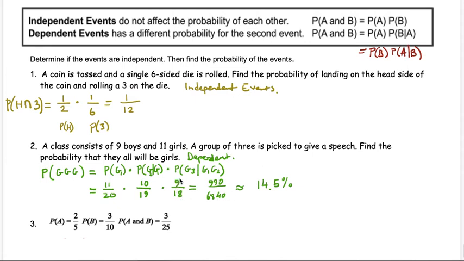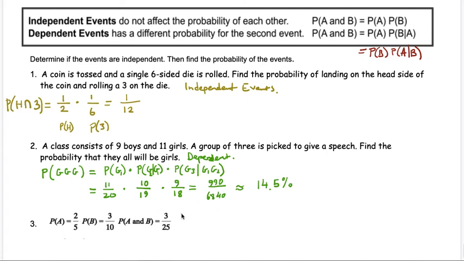Of course, you could have canceled above and below. That's of course a half right here for simplifying. But you can see here these are dependent because there are conditions to it.